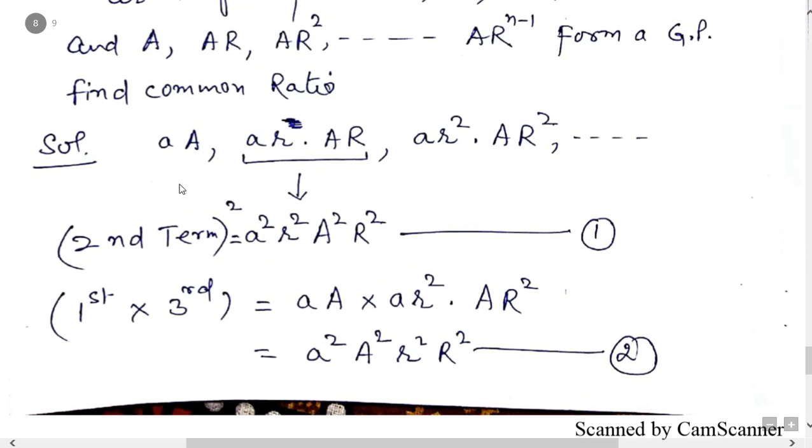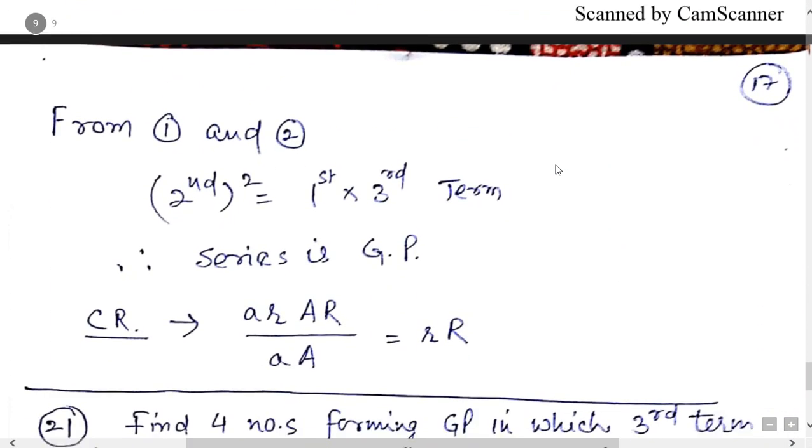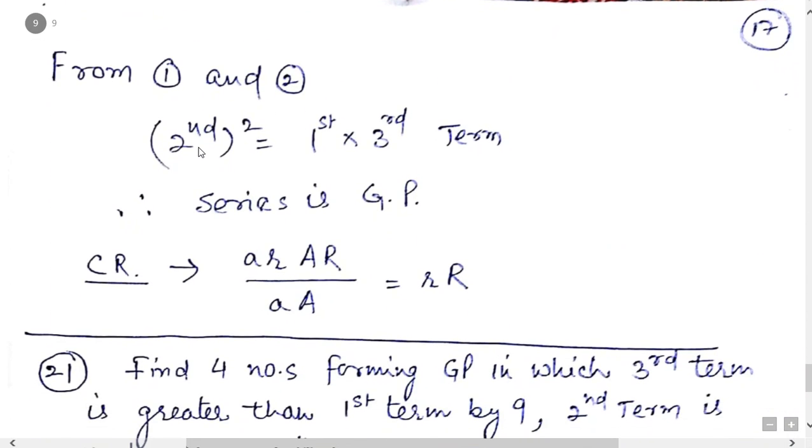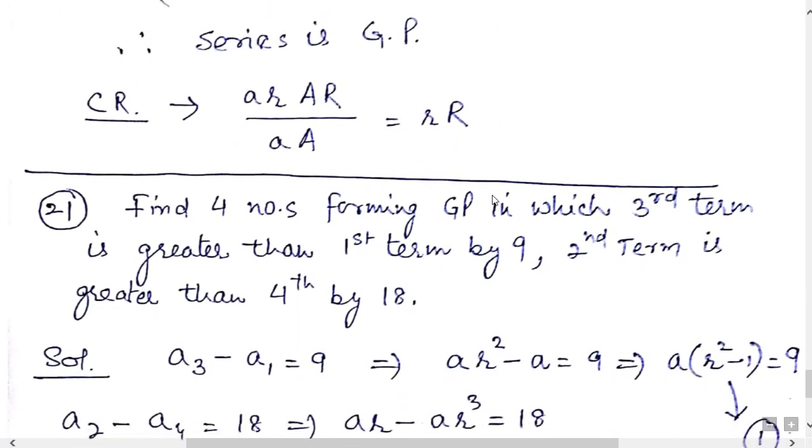After writing the product, this series is again a geometric progression. The square of the second term is the product of the first and third term. Therefore the series is GP. And what about the common ratio? Second term divided by first, it's r into r. One is small, the second is capital.